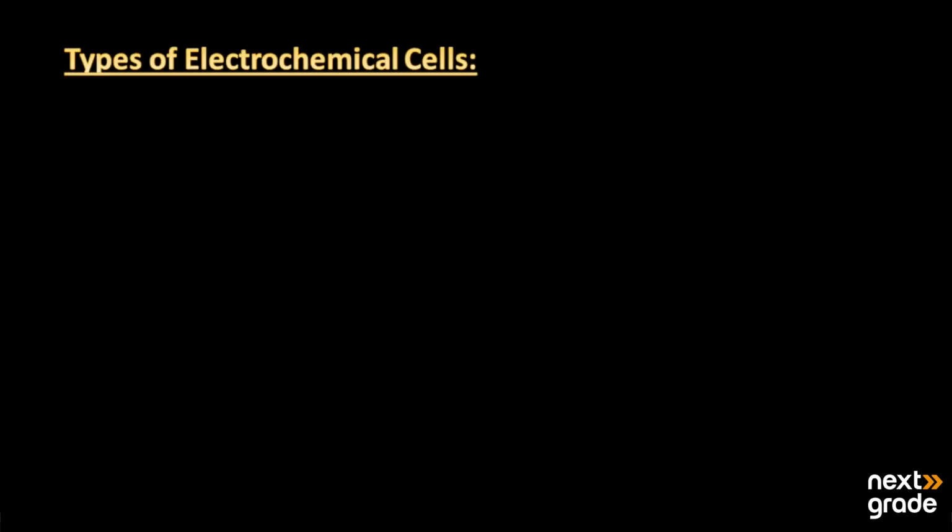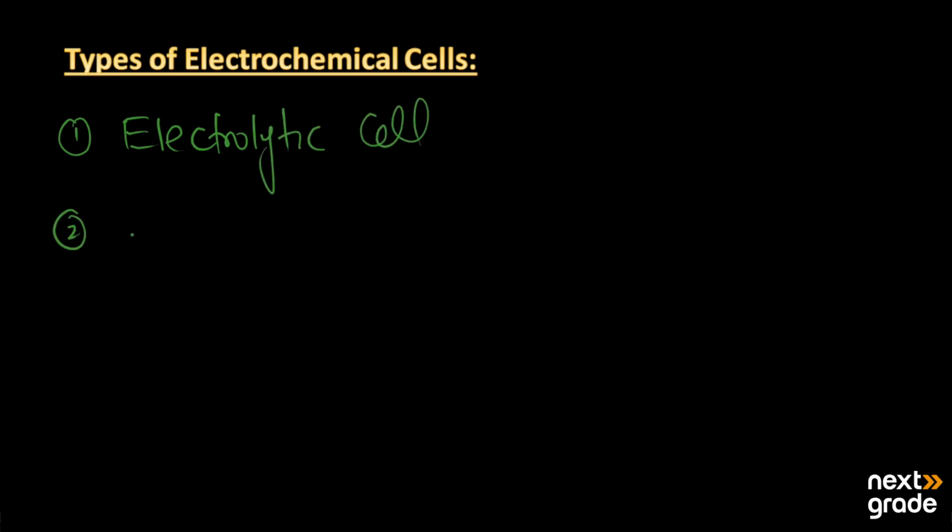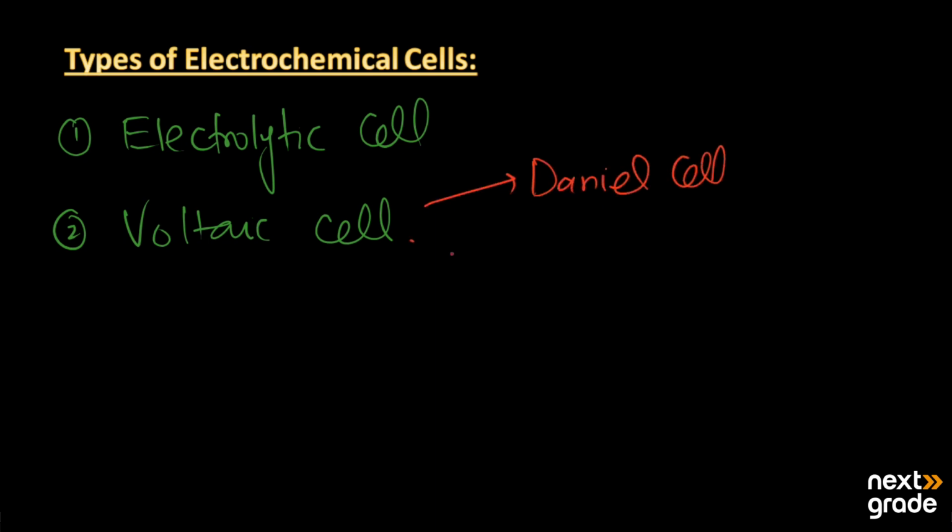Here we have the types of electrochemical cells. Basically, we have two types. The first one is the electrolytic cell, and the second type is known as the voltaic cell. The voltaic cell can also be called the Daniell cell, and it is also called the galvanic cell.